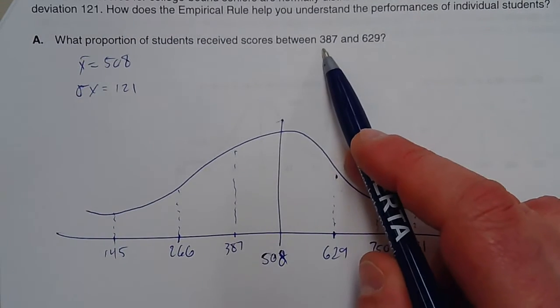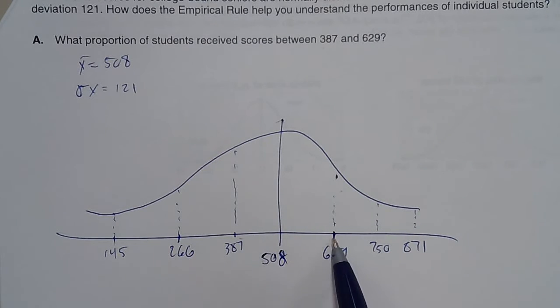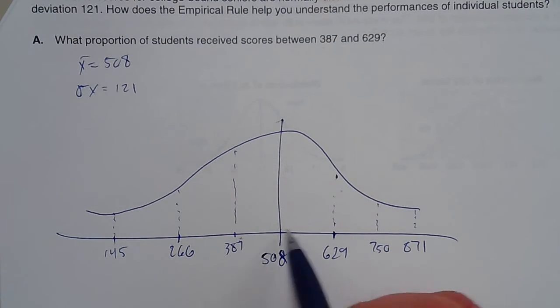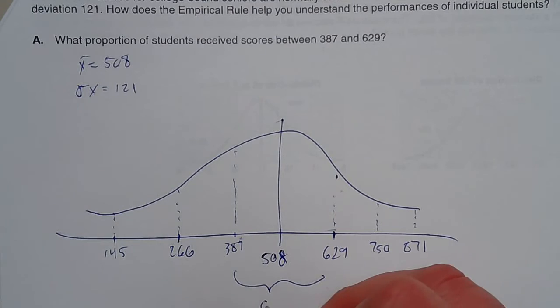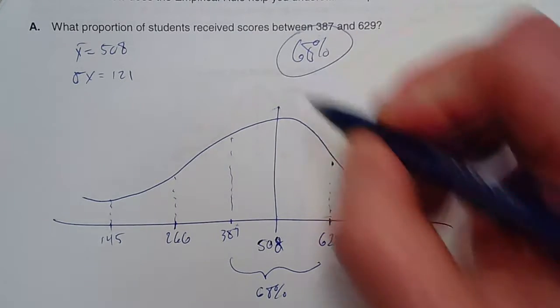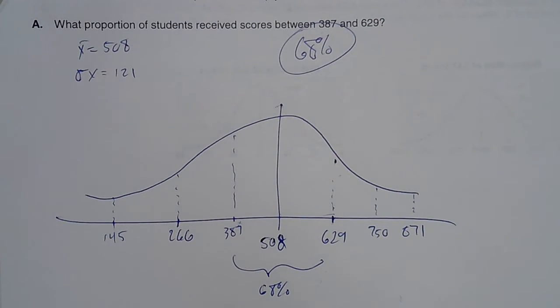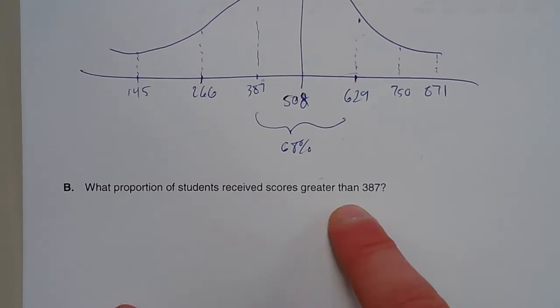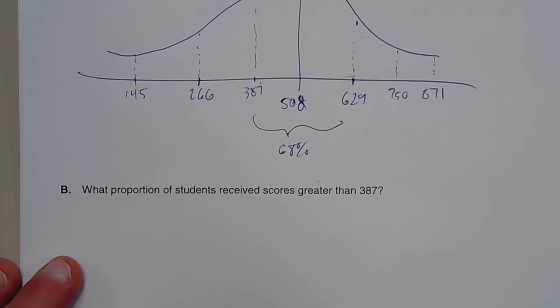So when they say 387 to 629, that's 1 standard deviation in each direction. That is 68%. Okay, the first part of that empirical rule. So how would I answer it? I'd say there is 68% of students within that score range. Okay. And then the next one says, what proportion of students receive scores greater than 387?